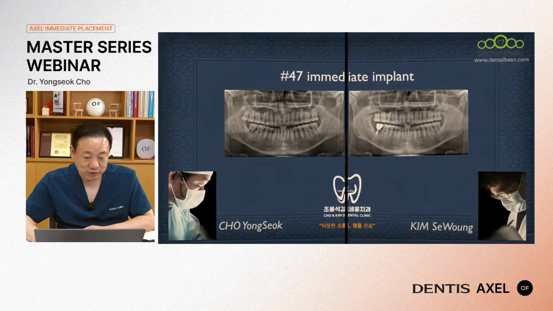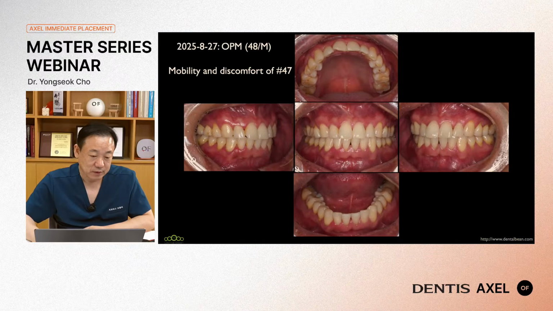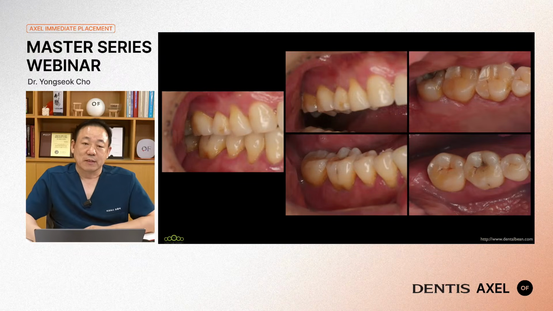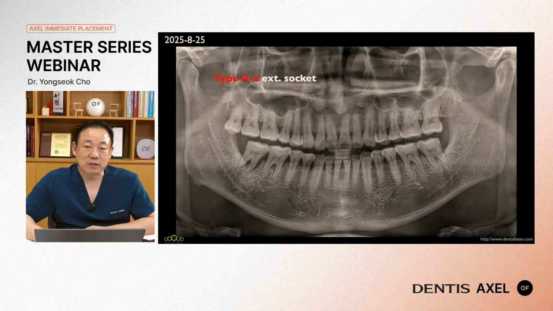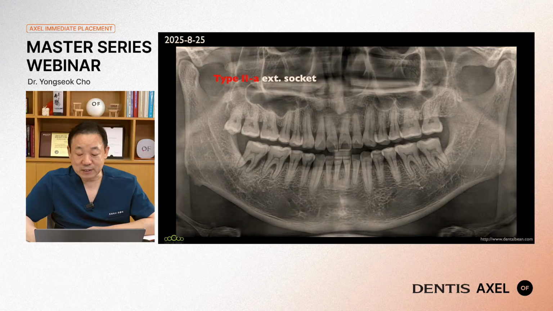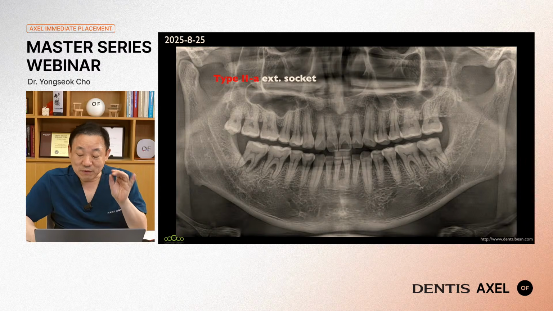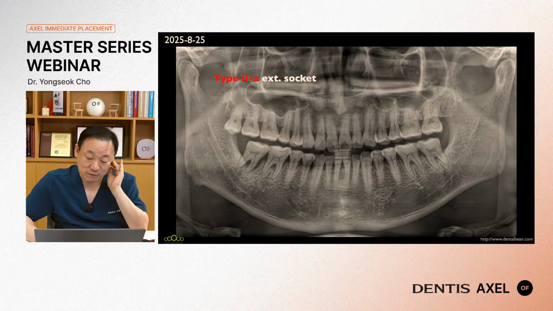This is also a type 2 case here. The 47 tooth was mobile and the patient complained about this. Well, this is not an easy case. This is also a type 2 extraction socket with only approximately 5 mm of available bone.